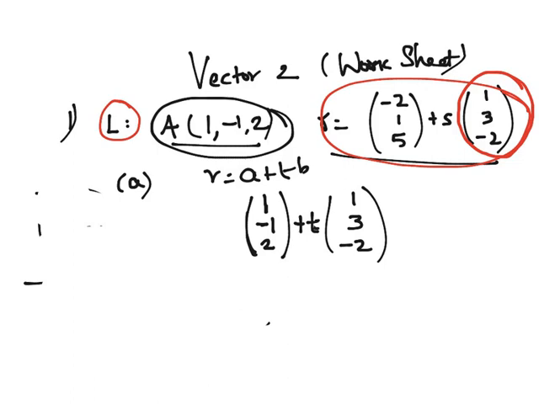They write only this, which is incorrect. Or sometimes they write L equal to, that is also incorrect. It's like writing 3 plus 4x and saying that this is the equation of a line. That is wrong. So you should always write r equal to. Of course I can name this line L. That is how you do it.